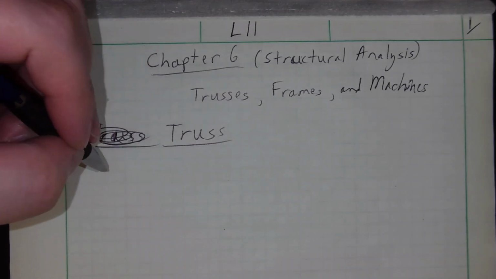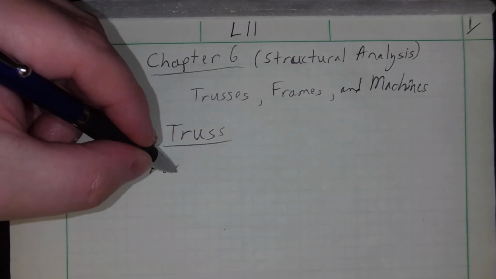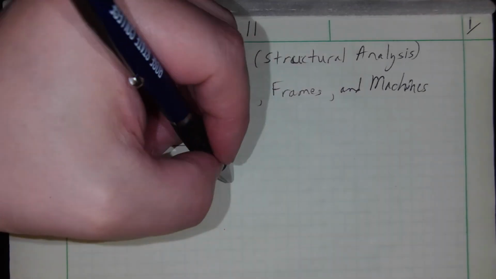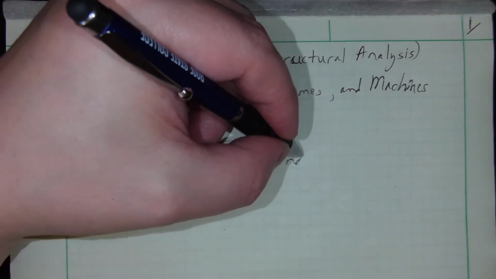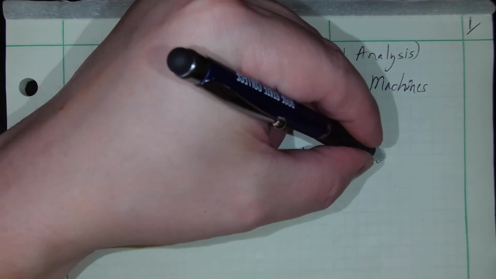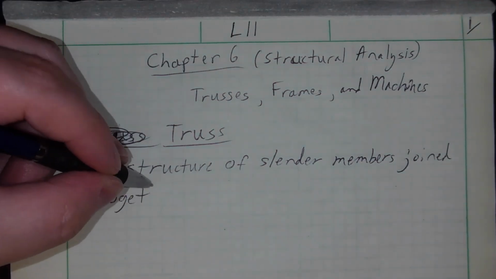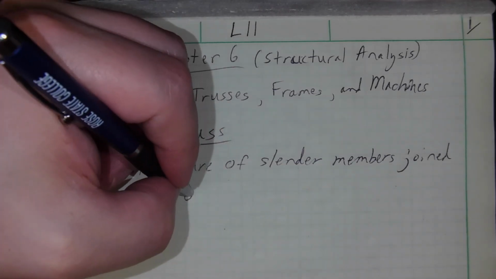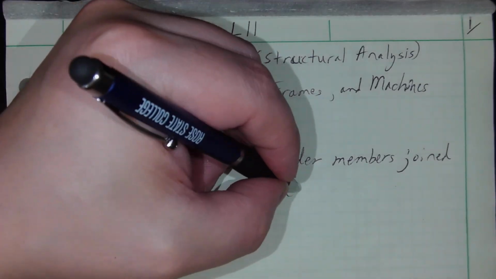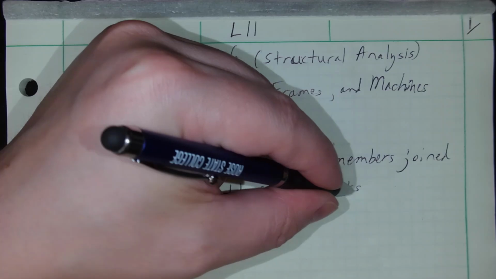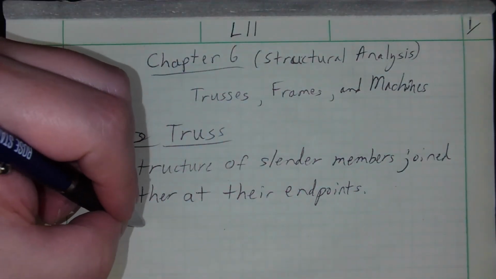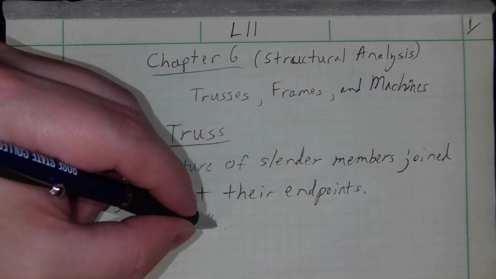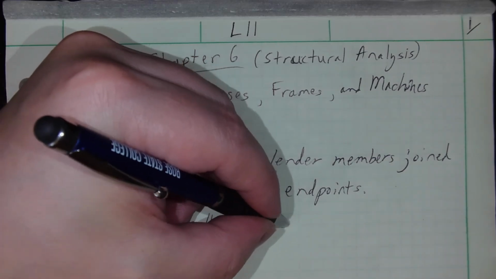A truss is a structure of slender members joined together at their endpoints. They are typically attached with bolts.